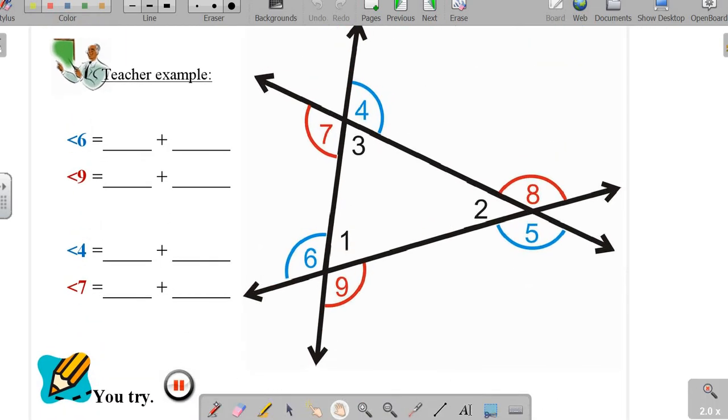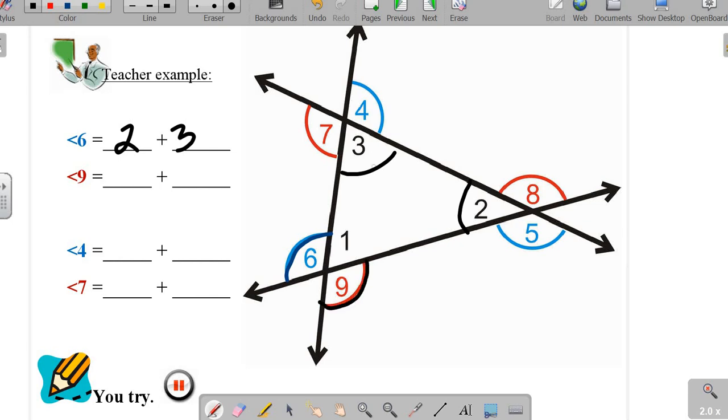Taking a look here, again the rule is the exterior angle equals the sum of the two opposite interiors. So angle 6, the two opposite interiors of angle 6 are 2 and 3. If you had 9, notice 9, it is exterior as well.